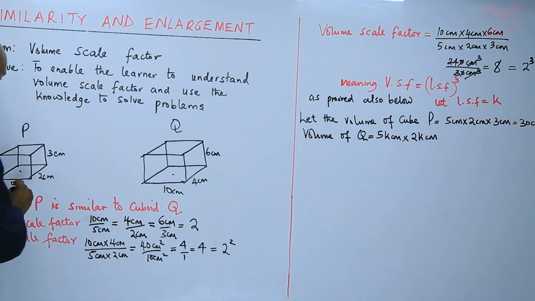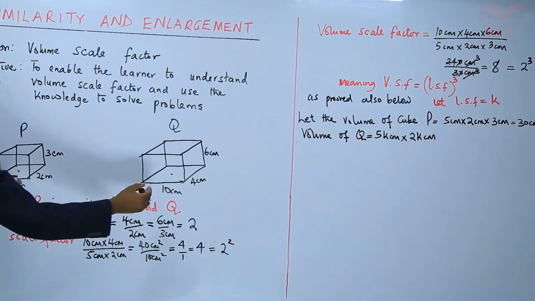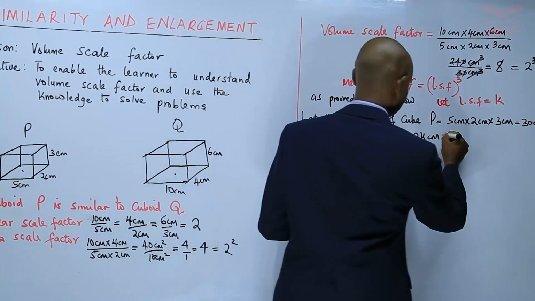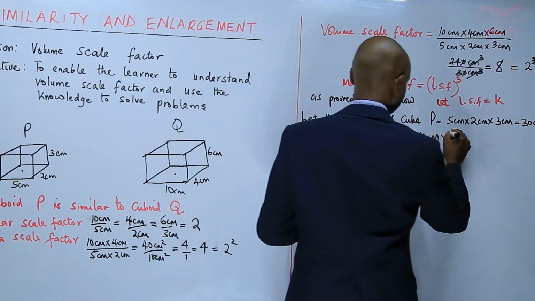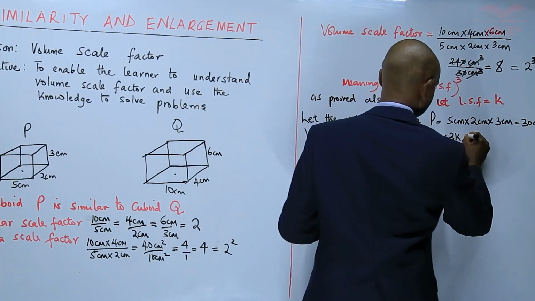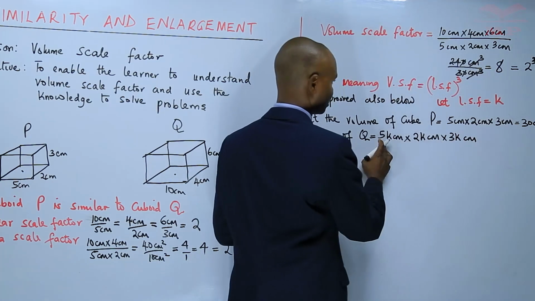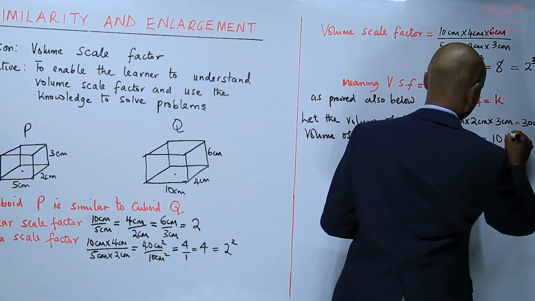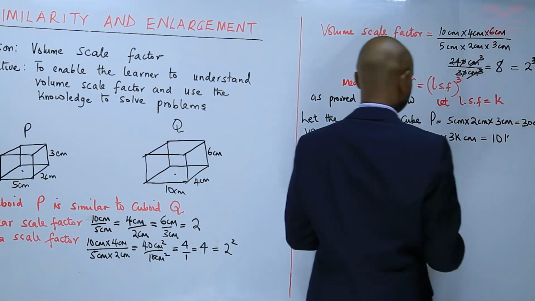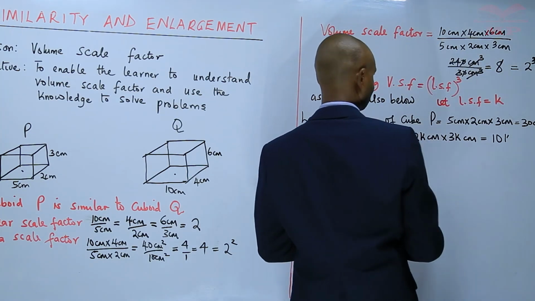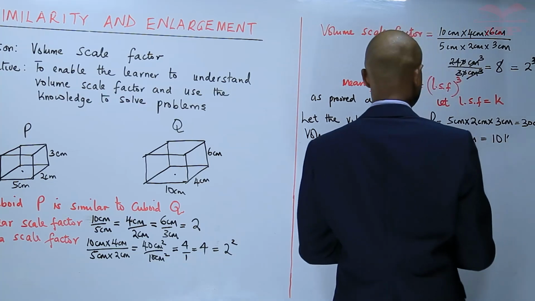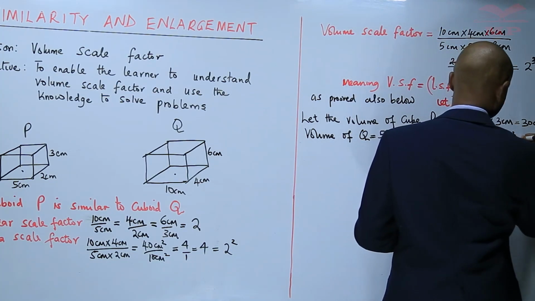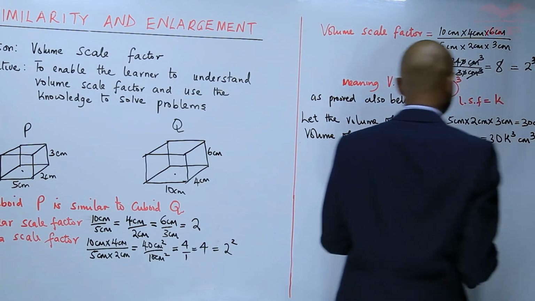I multiply 5 by the linear scale factor to get the dimension in Q. If I multiply these, I'll get 30K cubed centimeters cubed.